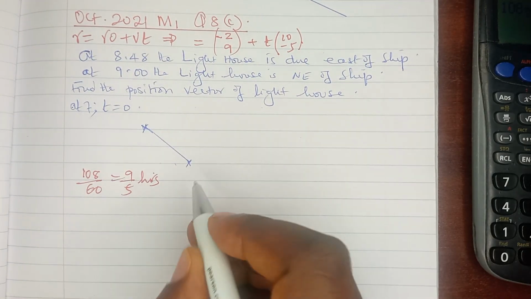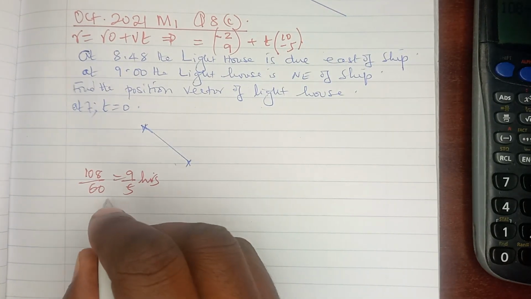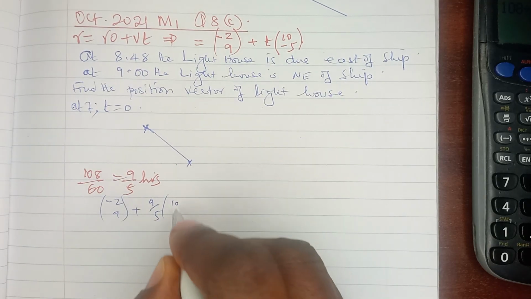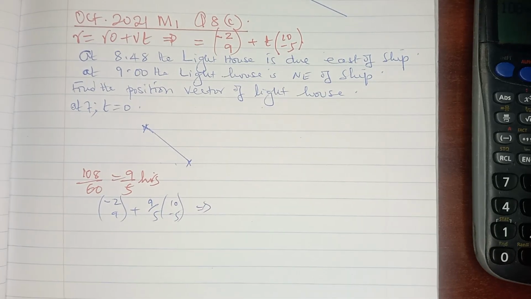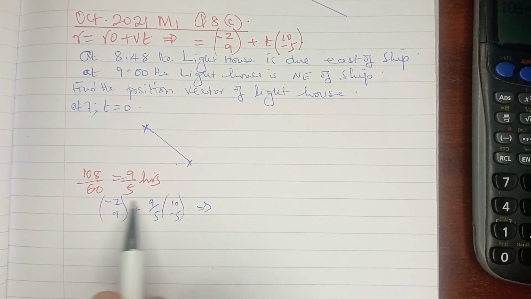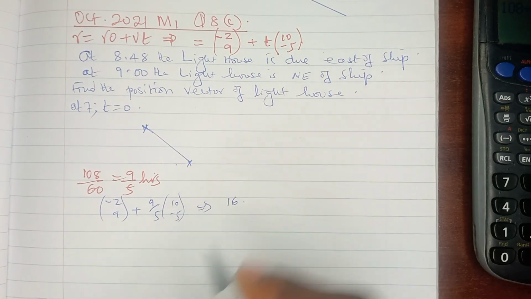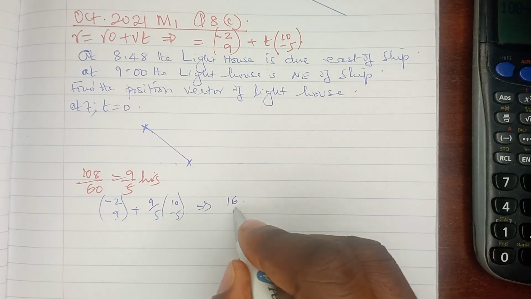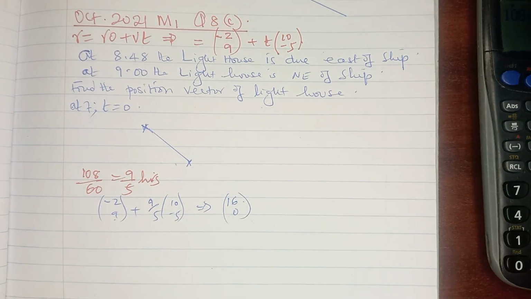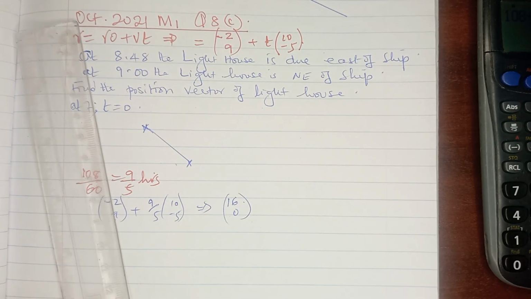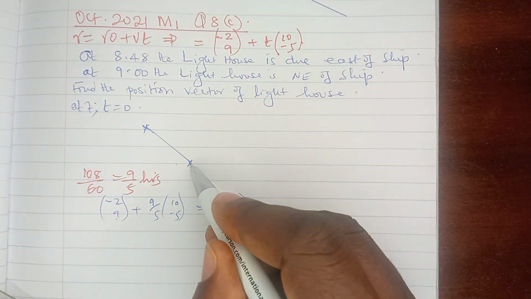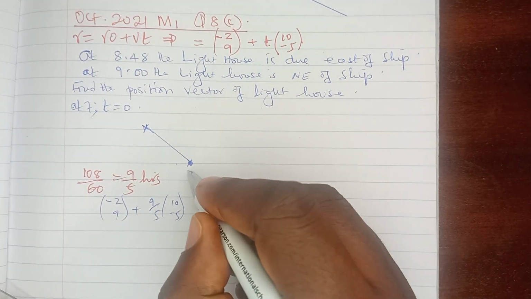We substitute here and have -29 plus 9/5 times (10, -5). 9/5 times 10 is 18, minus 29 is -11, and 9/5 times -5 is -9, so the y-component is 0. So at 8:48, the ship is at (-11, 0) from the origin O.